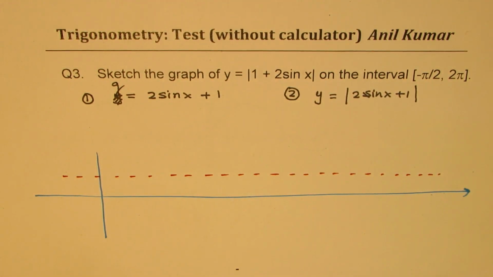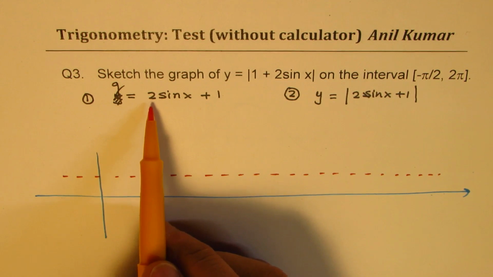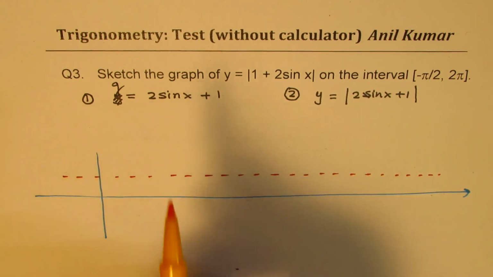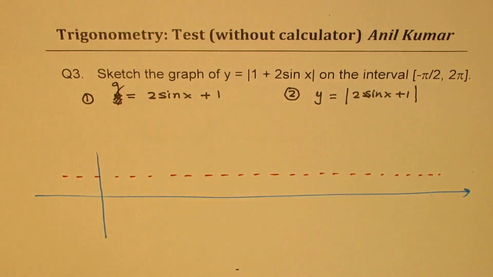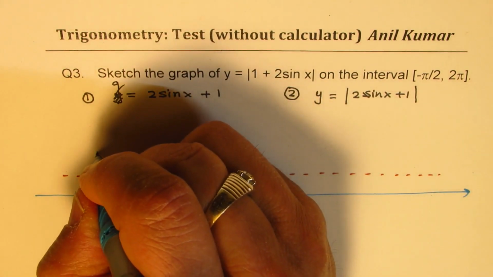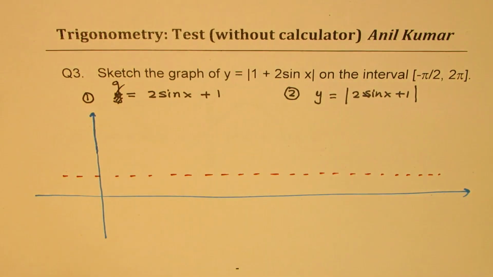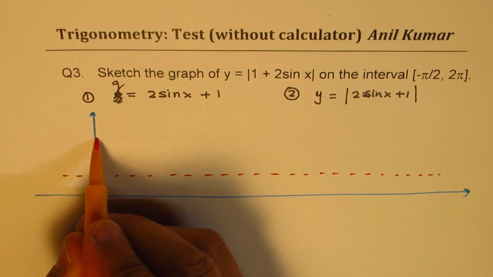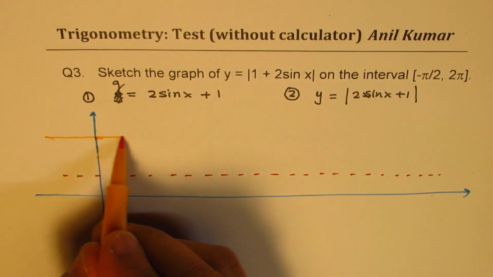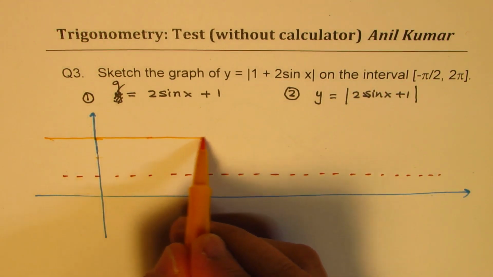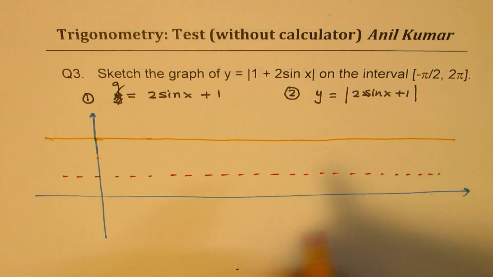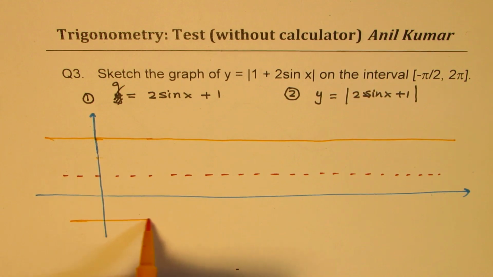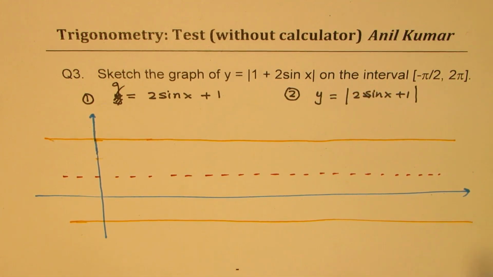Then the amplitude is 2, so the maximum will be 3. These are rough sketches, but they are fairly accurate, right? So we have this amplitude 2. The maximum will be at 3, going down, the minimum will be minus 1. Perfect. That is the limit through which the graph will go.